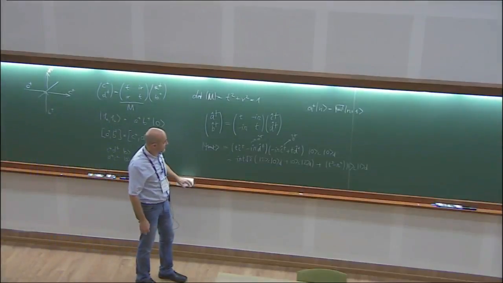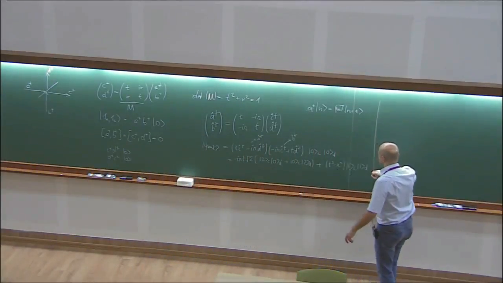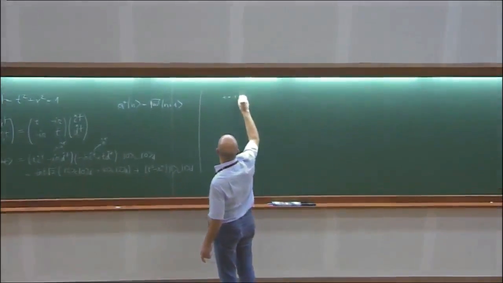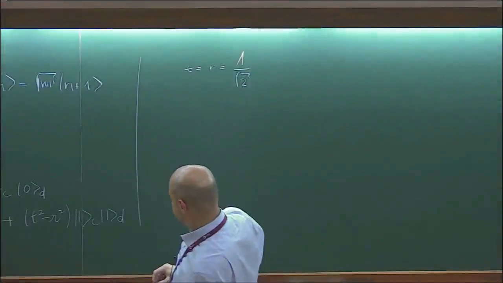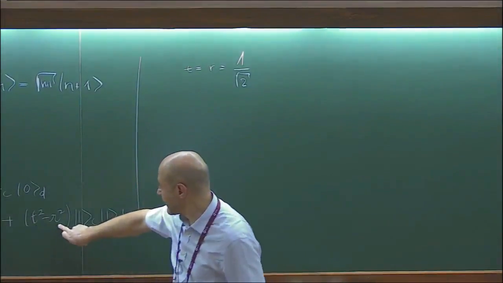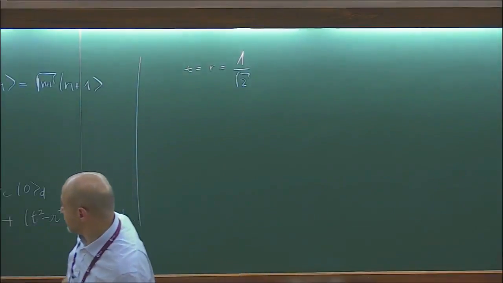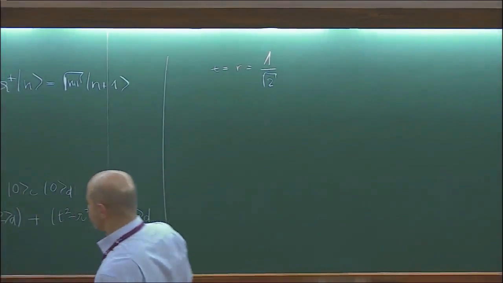In fact, if we now plug in the usual value where t is equal to r is equal to 1 over square root of 2, then clearly this will go away, right? This is 1/2 minus 1/2. Then over here we have 1 over square root of 2 times 1 over square root of 2 times square root of 2.